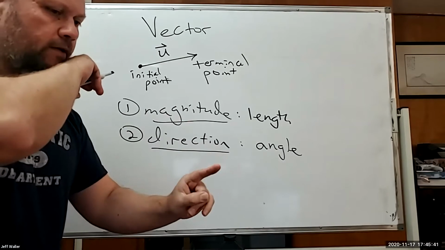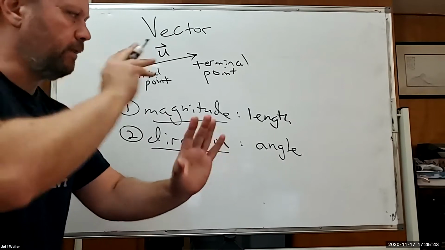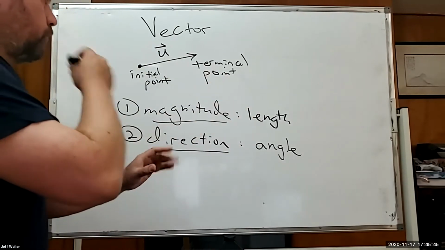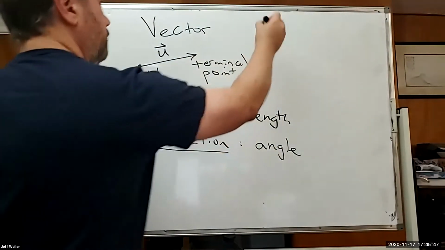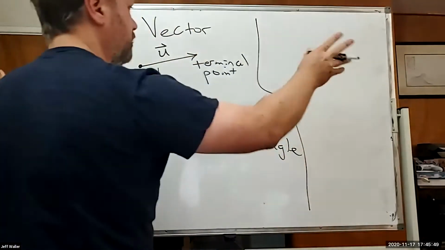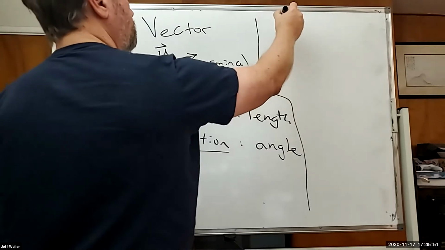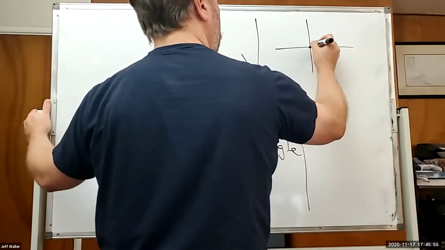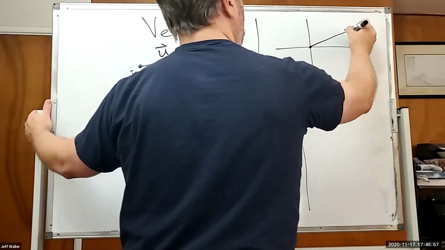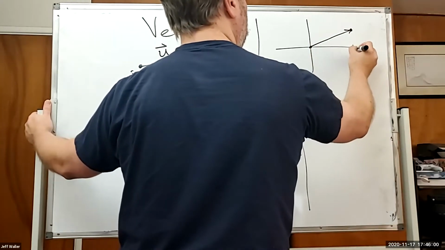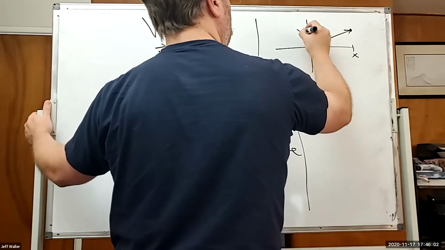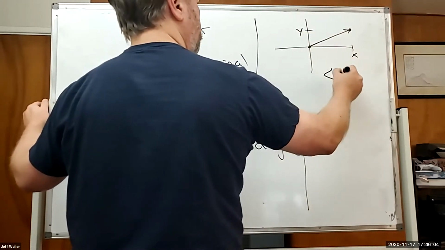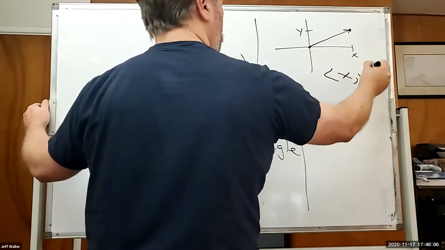All right. So something to realize about this. This is always a question about space. So if I have a vector that starts at the origin and ends at a point, I would call that vector <x, y>.